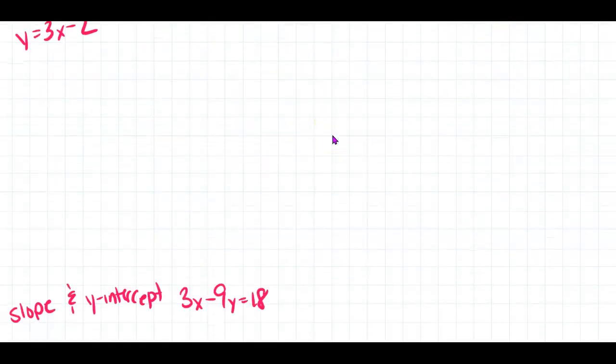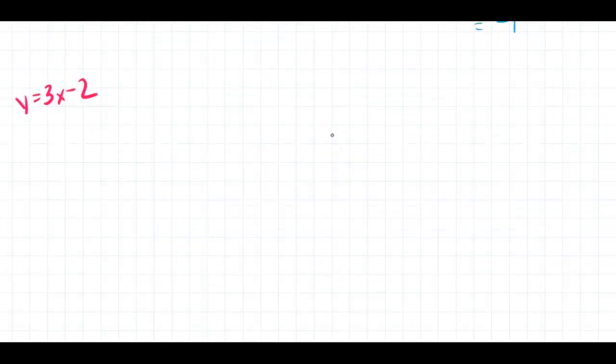Next, y equals 3x minus 2. Okay, so same thing. Here's my lines. Oh, this is really handy. Okay, there's my lines. Y-intercept, if I plug 0 in for x, my y-intercept is negative 2. So 0, 1, 2. Negative 2 is right here. Now I just want to use my slope.